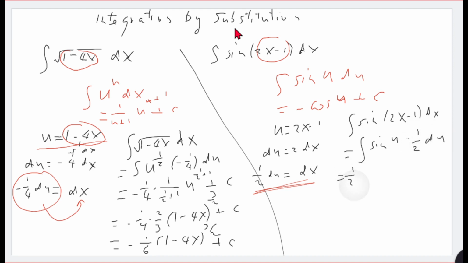You pour out the 1/2, apply the formula, which gives cosine u plus c, and finally replace u back by 2x minus 1.